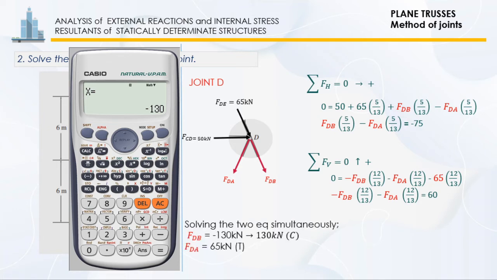It means, class, that since it came out negative, our assumption of tension was wrong, so it should be compression. This is FDB. Next, click equals again, that is our y. This is our FDA, that is 65. So, 65 kilonewton in tension.